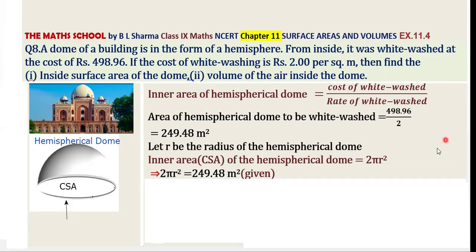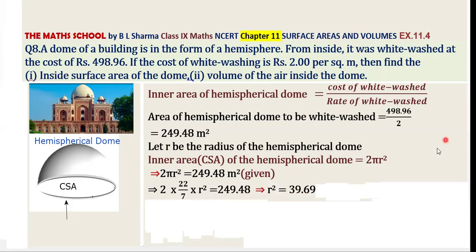In place of 2 as it is, in place of pi, that is 22/7, and in place of radius, we have to calculate the radius of it. On further calculation, we have r square is equal to 39.69.